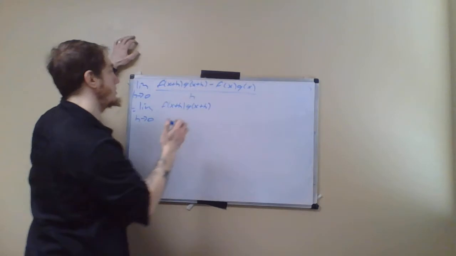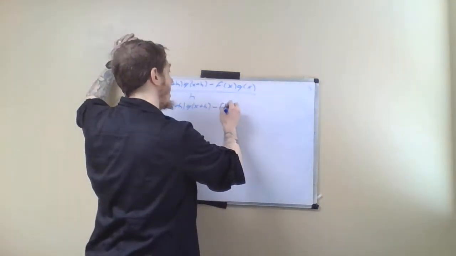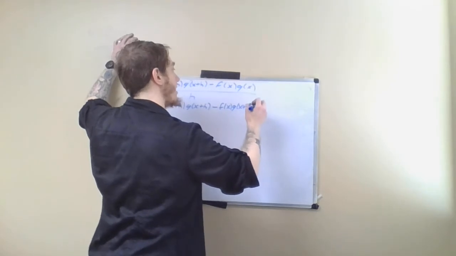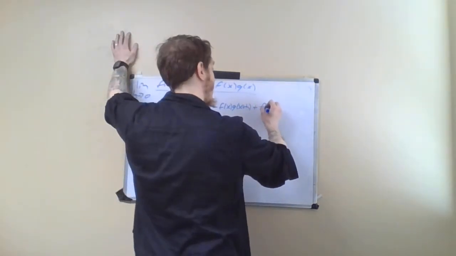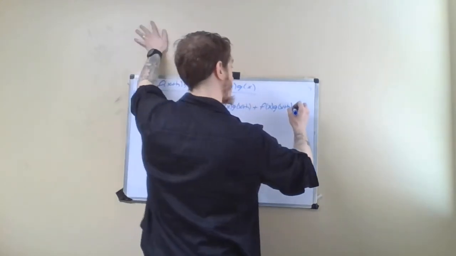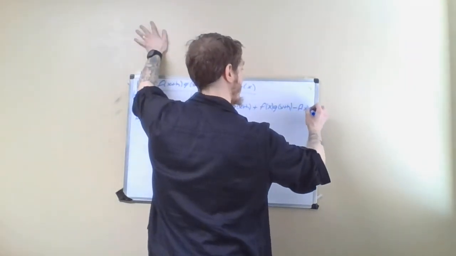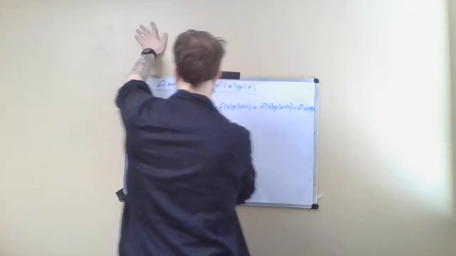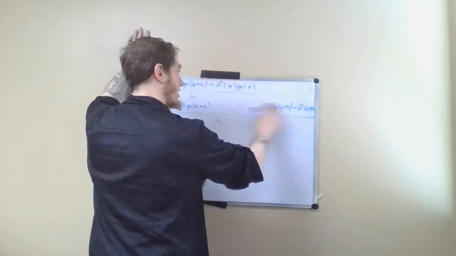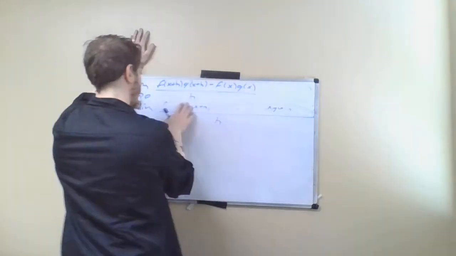I am going to subtract f of x times g of x plus h. That means I also have to add f of x times g of x plus h. And then, of course, we are subtracting f of x, g of x. Okay, I am really running out of room here. Can we make this a bit more efficient in space?